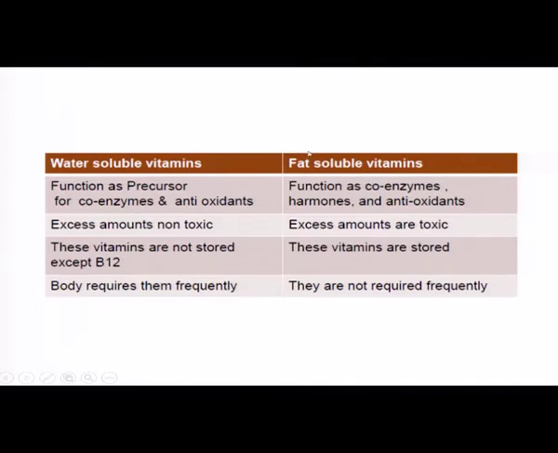Although there is a part of a precursor role being played, we can't exactly call it precursor, because these fat soluble vitamins are initially in the inactive form and then get converted to the active form, whereas the word precursor means they are used as raw material so that they would assemble and form the final coenzyme. So, the final coenzyme being formed would require fat soluble and water soluble vitamins, but more predominantly the water soluble vitamin, whereas fat soluble vitamin would directly act like a coenzyme.